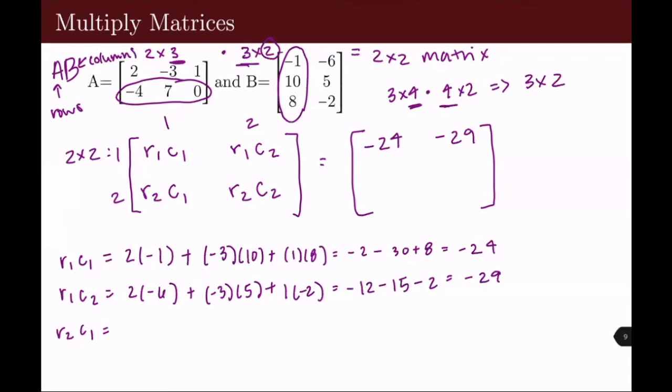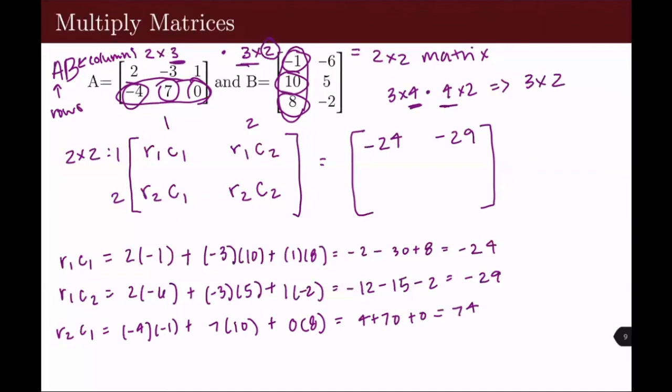So we'll have negative 4 times negative 1 plus 7 times 10 plus 0 times 8, which is going to be 4 plus 70 plus 0, which is 74.